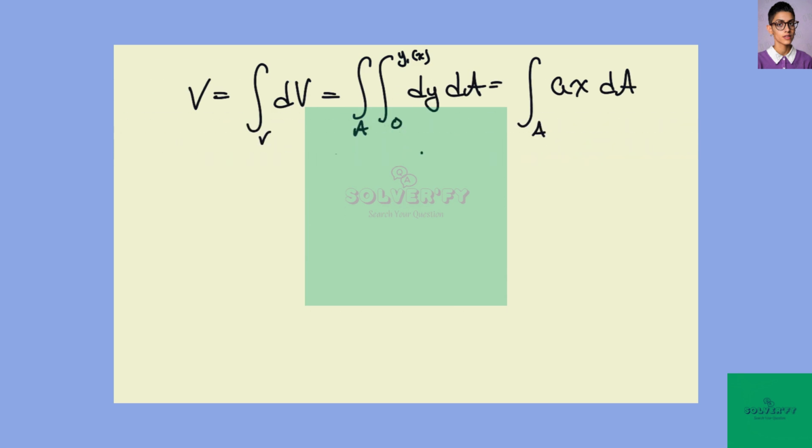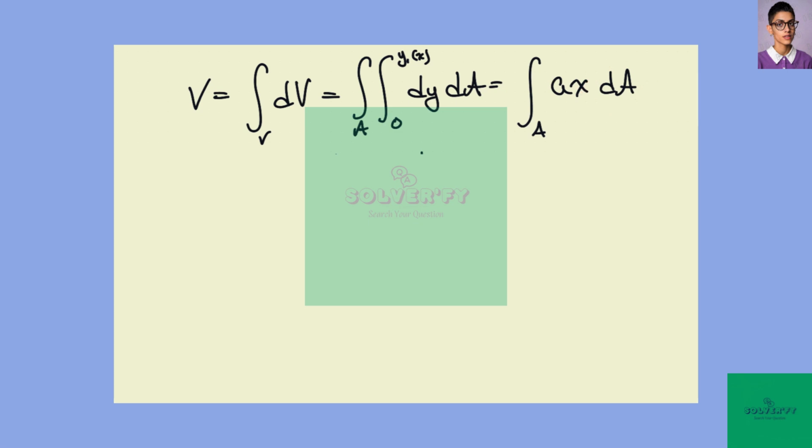And then we need the volume. And so the volume is the integral of dV, and so that's dy dA, where y goes from 0 to y1 of x, and then the area of the ellipse. So in here, we do this inner integral, it becomes ax, so we get the integral over the ellipse of ax dA.